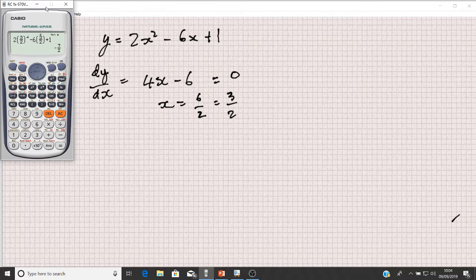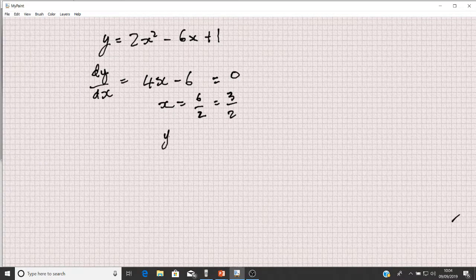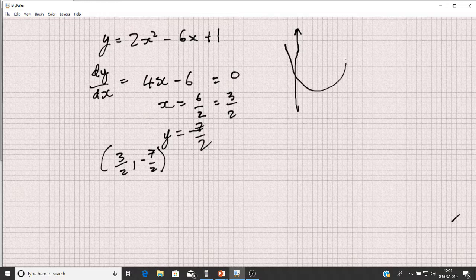So the coordinates of the turning point are 3 over 2, minus 7 over 2. We know this is a quadratic equation, so the graph could be something like this.